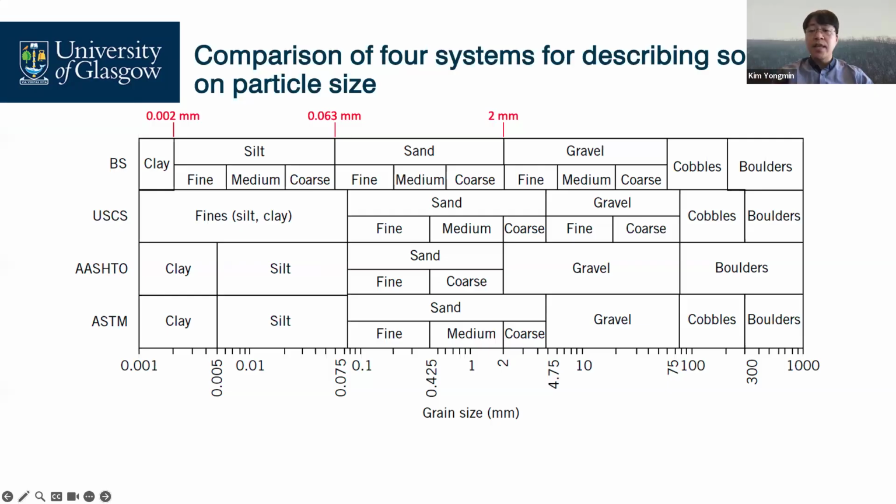The Singapore National Annex defines specific soil classifications only for Singapore soils. In Korea, we have different soil classifications, but we follow ASTM, USCS.